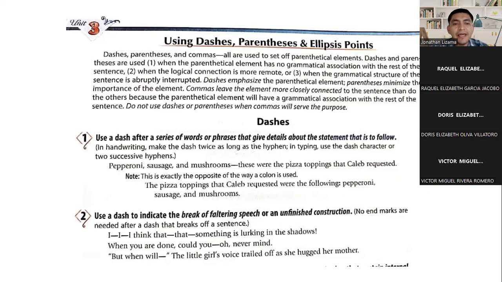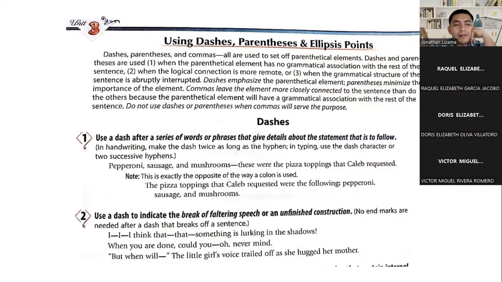Use a dash to indicate the break of faltering speech or an unfinished construction. I, dash. You got it? Cuando decimos yo. Cuando hacemos eso, más que todo en los poemas. I think that, dash, something is lurking in the shadows. When you're done, could you, never mind.